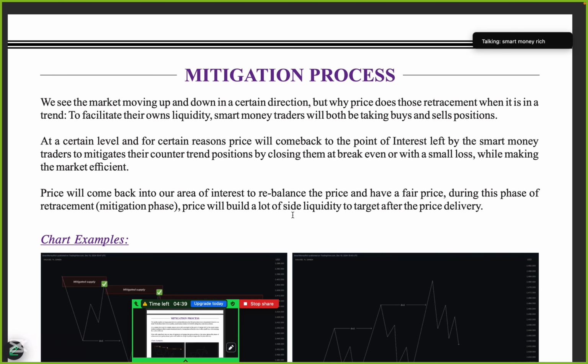You understand? Price will come back into our area of interest to rebalance the price and have a fair price during the phase of retracement, which is the mitigation phase. Price will build a lot of side liquidity to target after price delivery.